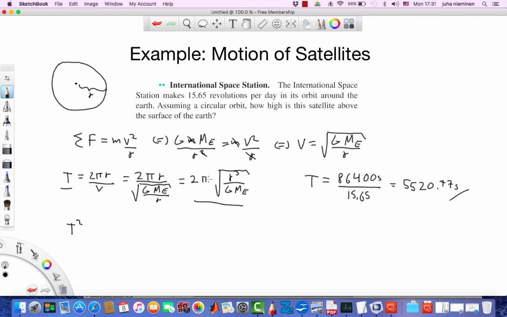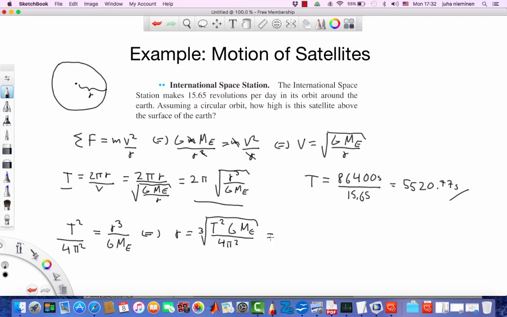So T squared divided by 4 pi squared is r cubed over G M_E. Solving for r, r is going to be the third root of T squared times G times the mass of the Earth divided by 4 pi squared.